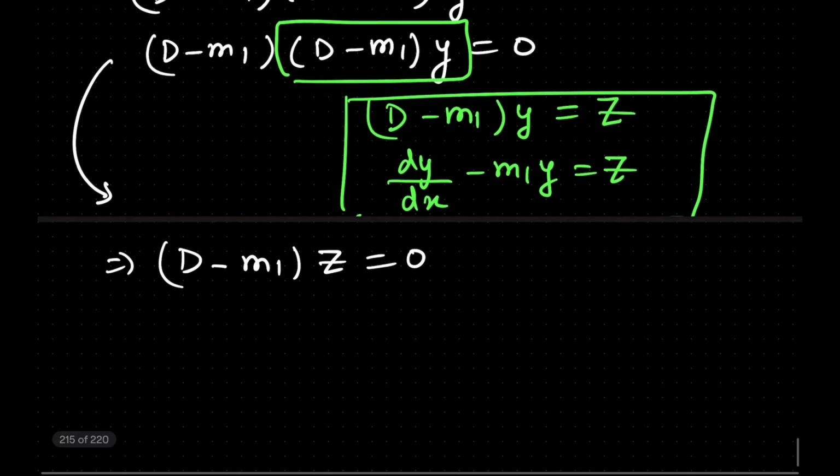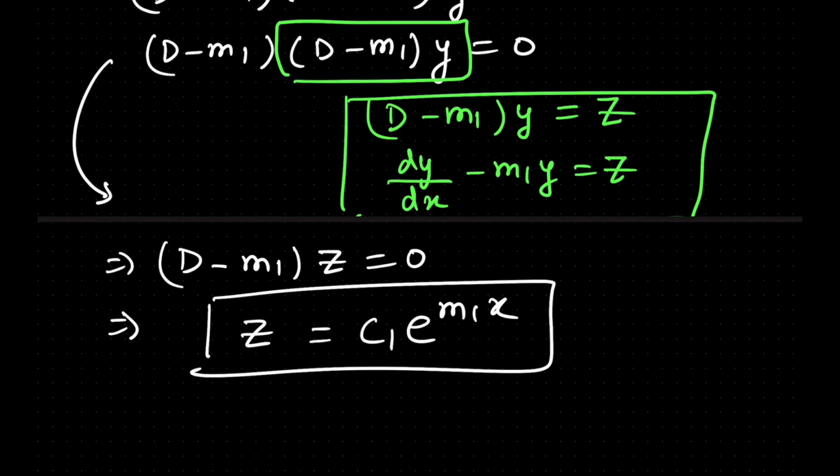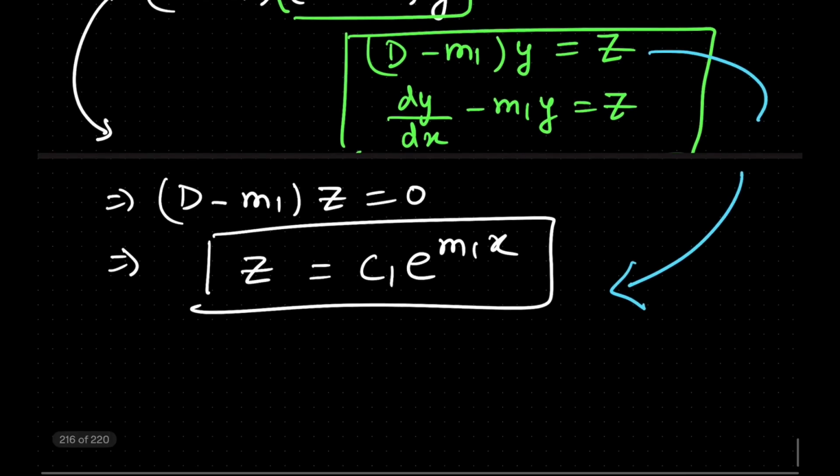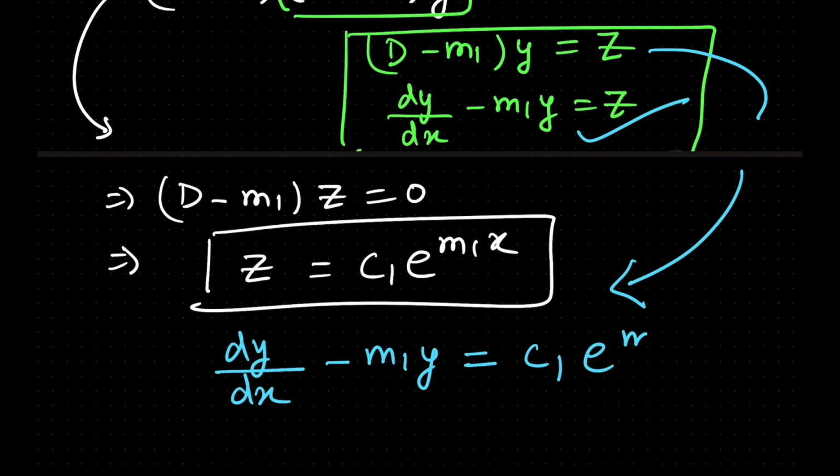In the last class also we have seen that the solution to this will be z is equal to c1 e to the power m1 x. Now we will substitute back the value of z. z was dy by dx minus m1 y is equal to z, and z is equal to c1 e to the power of m1 x.